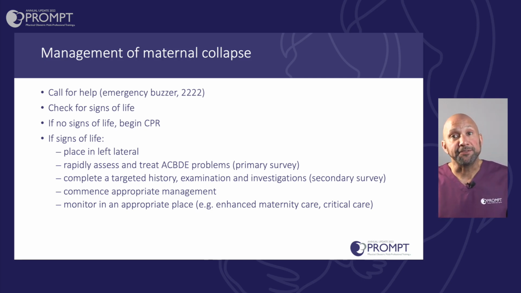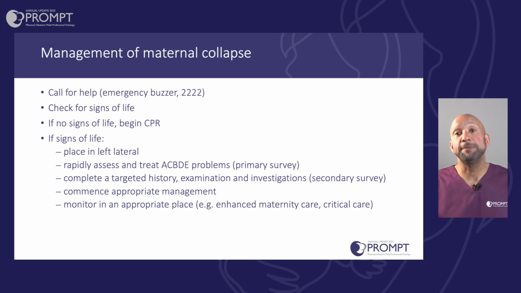Once we've done this, hopefully we've started to treat any obvious causes for the collapse. But don't forget, we still should do a targeted history, examination and investigations to make sure that we're not missing anything. We call this the secondary survey. We make sure that appropriate management has been commenced, but then we want to monitor and see how they respond to this treatment.